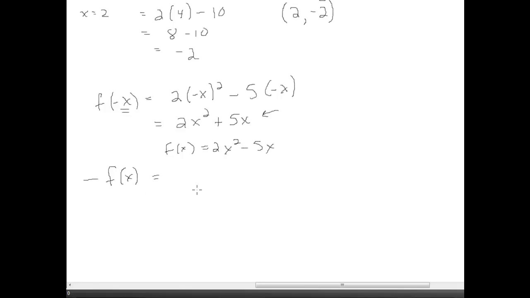So negative f of x just means negative f of x, which is negative (2x squared minus 5x). Keep the function in parentheses because that negative will now need to get distributed. So that's negative 2x squared, and negative times negative is plus 5x.